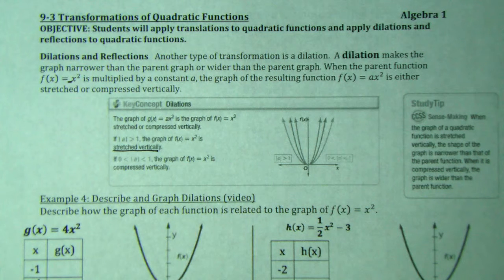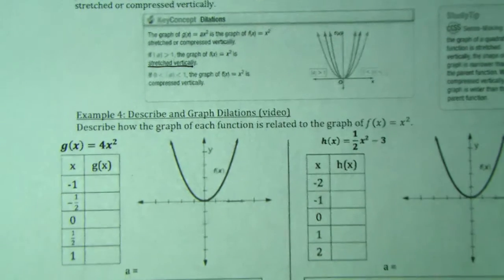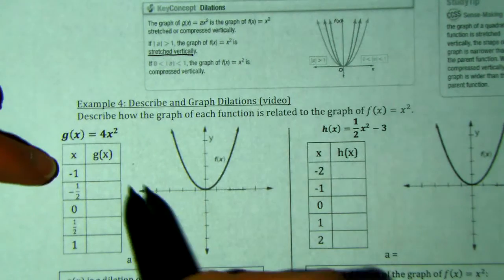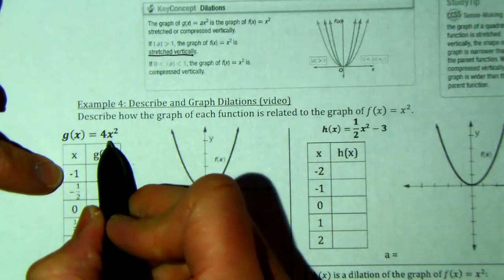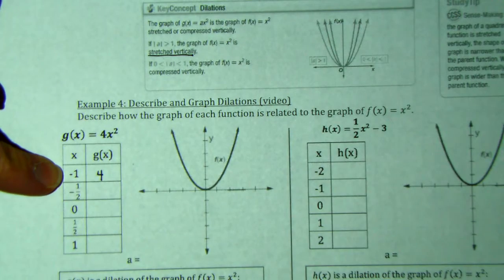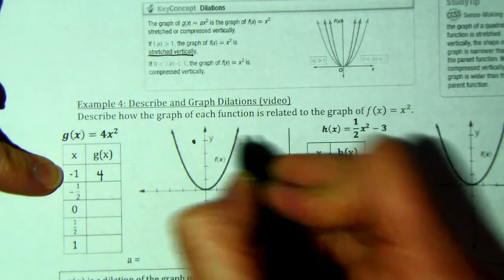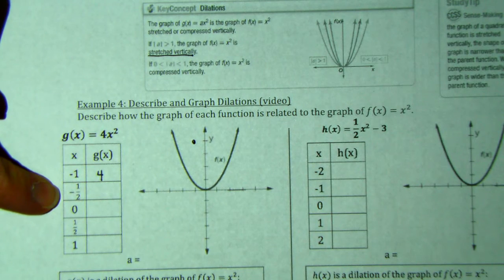So here we go. Now notice they take out the h and k. They just put 4x squared. If I put that in there and we fill this out, you can see what happens. -1 squared is 1 times 4 is 4. So I've got -1, 4. -1/2. What do I get when I square -1/2? 1/4. And what do I get when I take that times 4? 1. So -1/2 is 1.